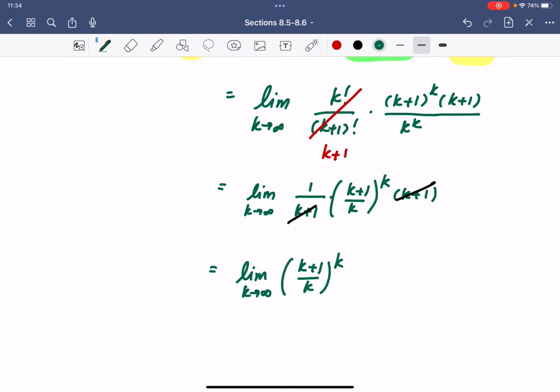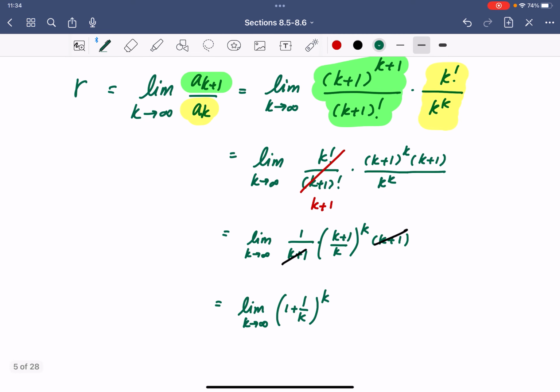In other words, it's going to be 1 plus 1 over k to the k, right? Sounds good? It looks easy, but when you see a more complicated function inside there, you just need to make a lot of cancellation.